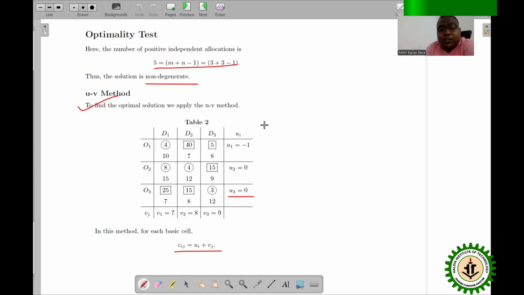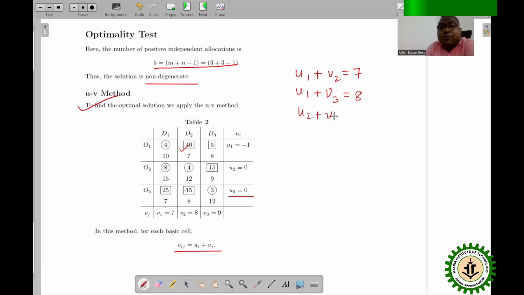Number one relation you are getting is, for this cell, U1 plus V2 equals 7. U1 plus V3 equals 8.